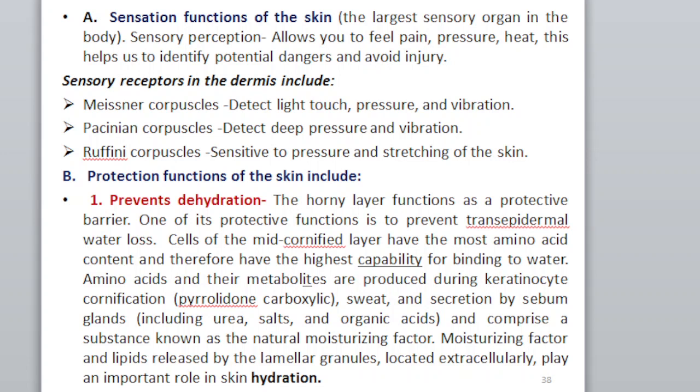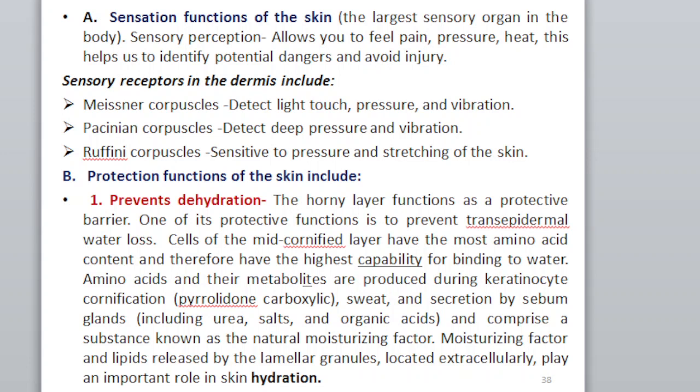Sensory receptors in the dermis include Meissner corpuscles, which detect light touch, pressure, and vibration. Pacinian corpuscles detect deep pressure and vibration. Ruffini corpuscles are sensitive to pressure and stretching of the skin.